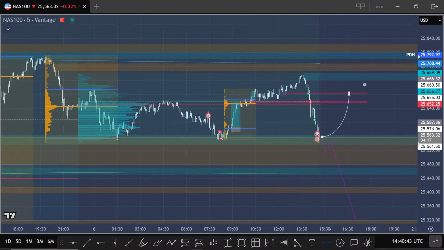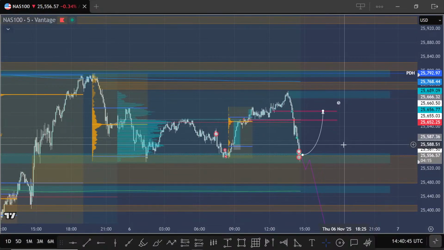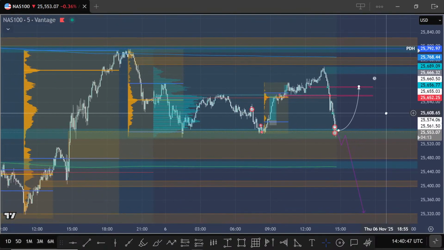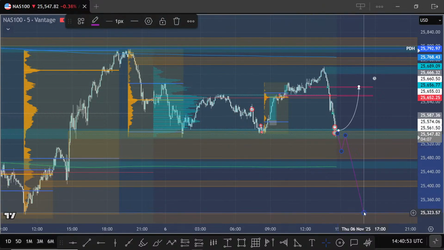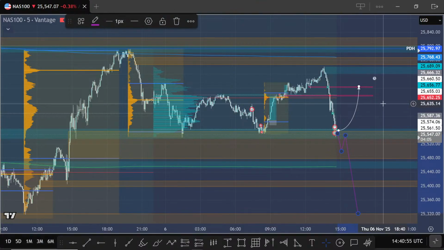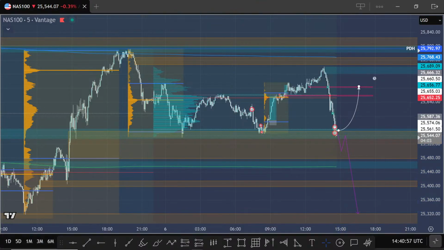So what I want to do is stay out of it for now. I want to see if we get a good break, and then a retest on a low volume node with corresponding aggressive market buys, big trades, then that's worth paying attention to.